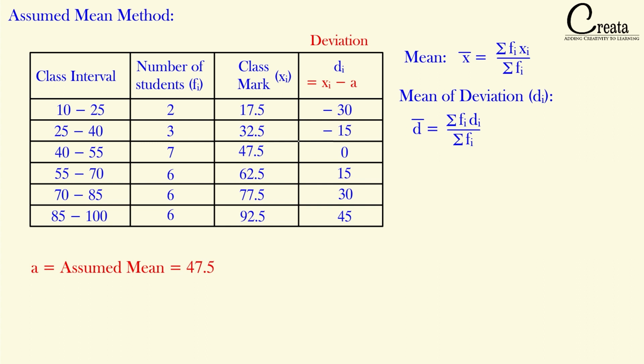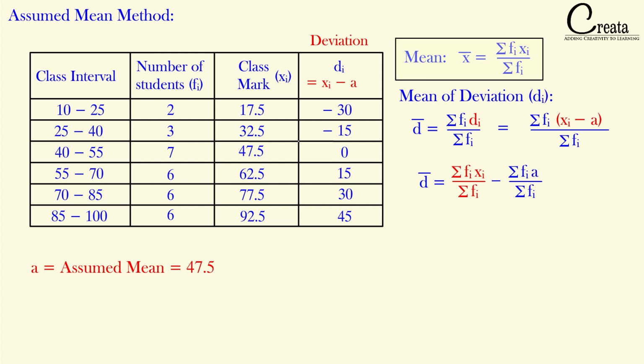The observation is xi and the assumed mean is A. So we can replace di with xi minus A. Further, can we split this term as sum of fi into xi upon sum of fi minus sum of fi into A upon sum of fi. And what is sum of fi into xi upon sum of fi? This term is the mean of the observation, which is x bar. So let's replace this term with x bar. Why have we done this?